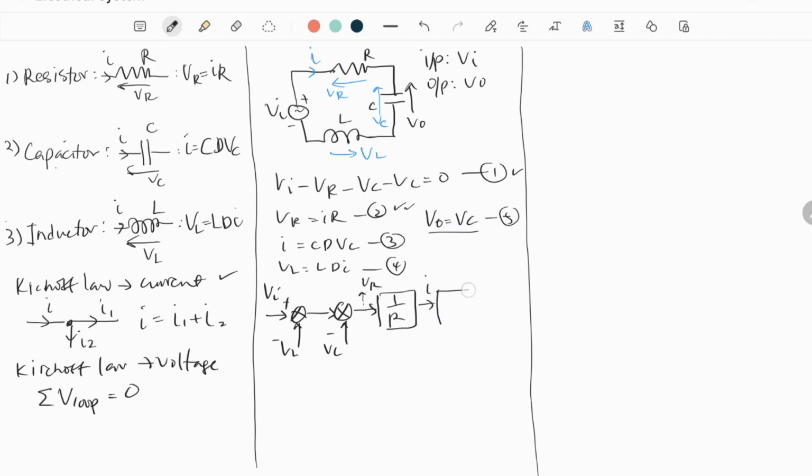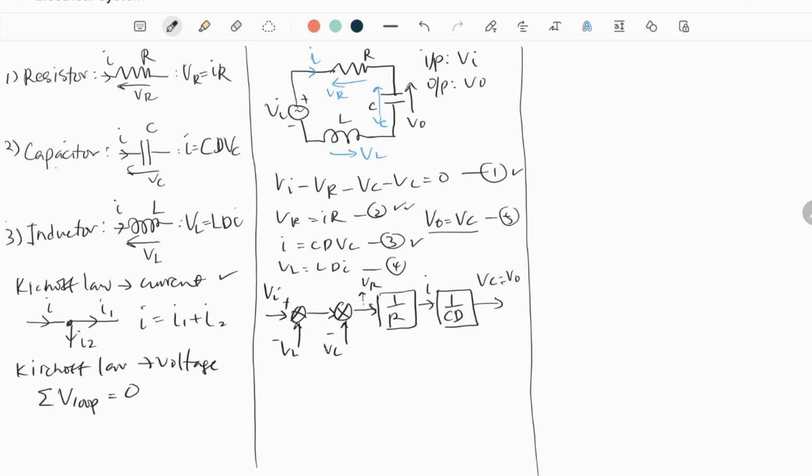You put another block here, from equation number 3: you divide I by C and integrate. The output should be VC. So that's the output of our system, VC, or in this case labeled as V naught.